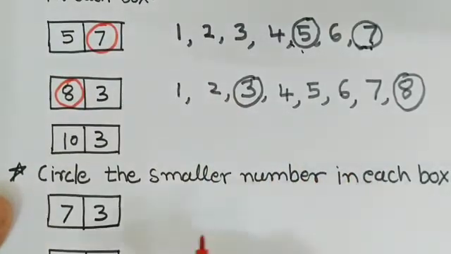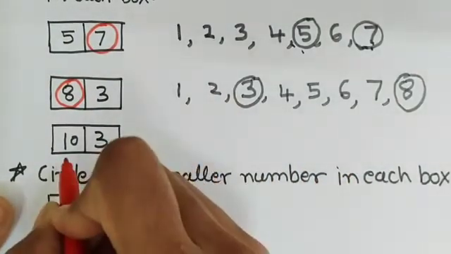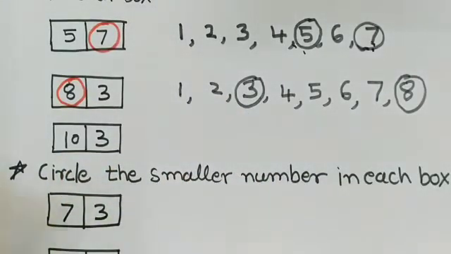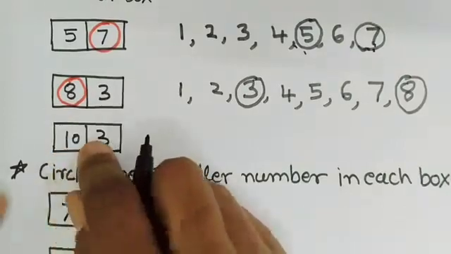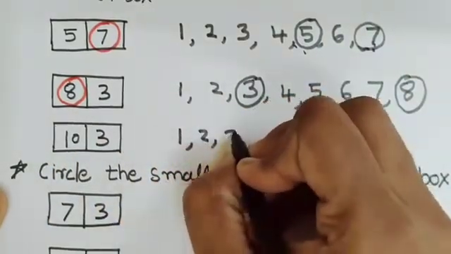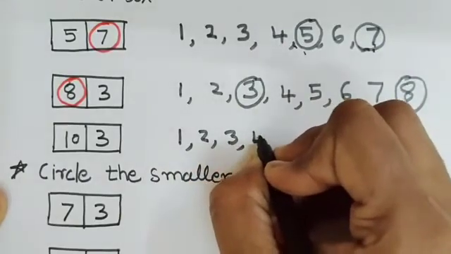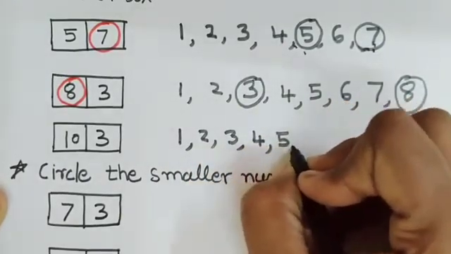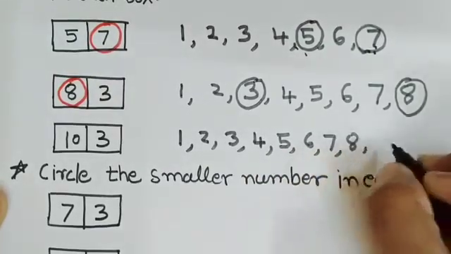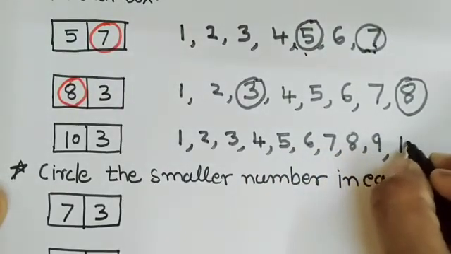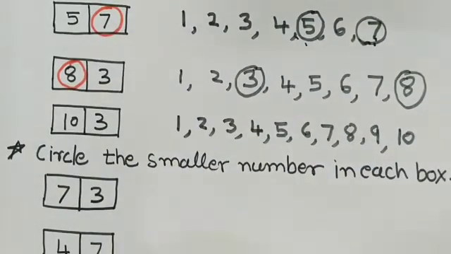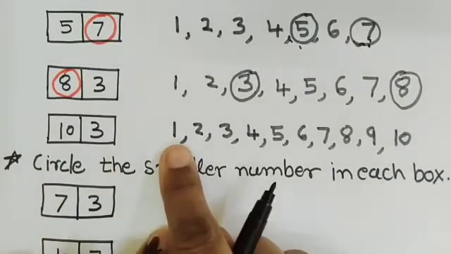Okay. Now we will see the next one here. Here we have 10 and 3. So we have to write the numbers till 10 in serial order. So children, now tell me which number will come first.